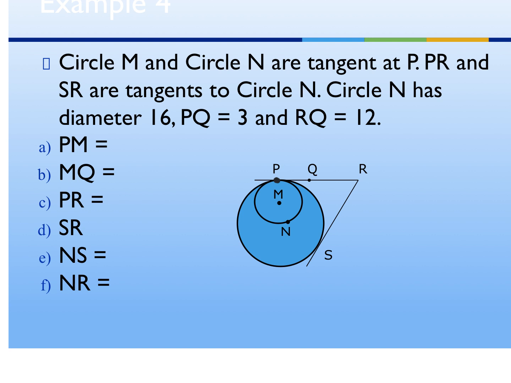First off, it told us that PQ is 3, so let's fill in a 3 there. RQ is 12. And we know that the diameter of N is how much? 16. 16, that's diameter.